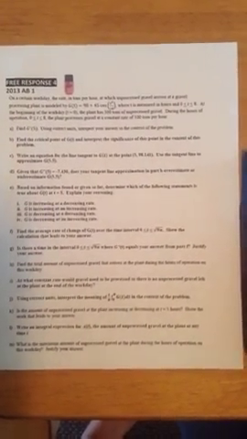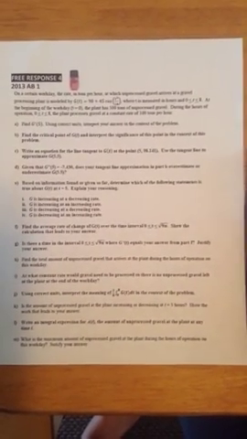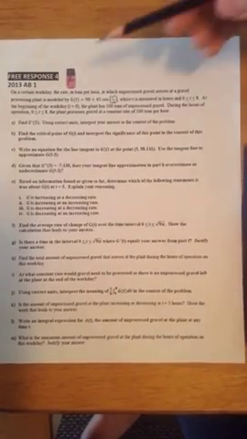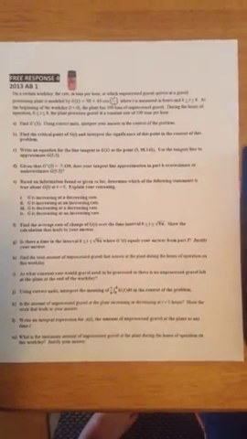Question A asks us to find G'(5). So all we have to do is use the calculator, MATH 8. It's asking us to find G'(5), and then interpret the answer in the context of the problem.